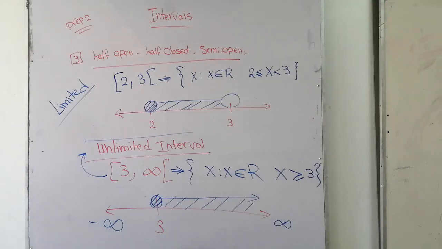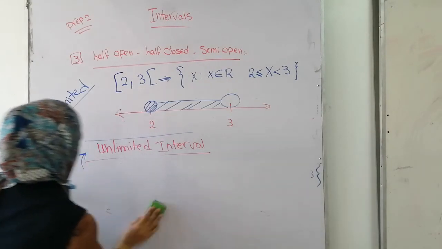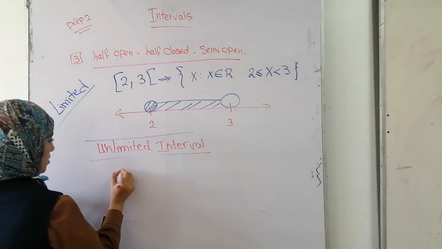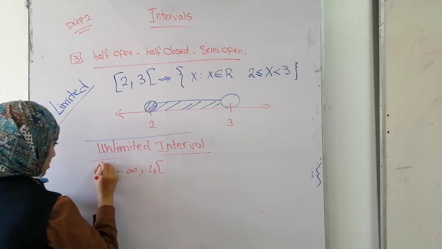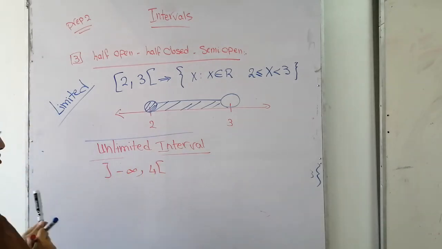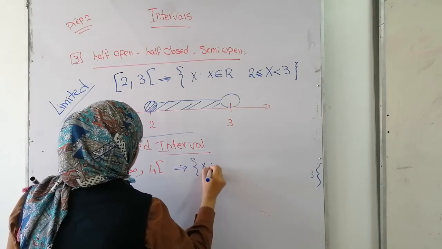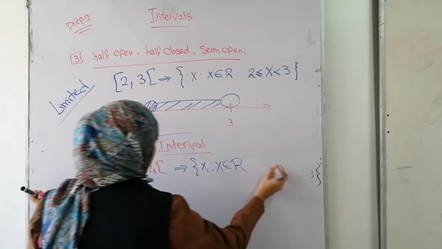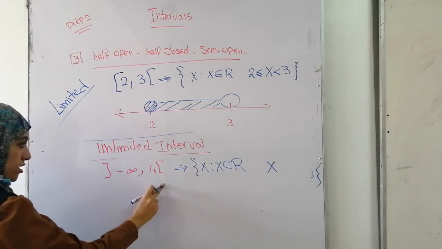Let's take another example in the negative direction, like this: negative infinity and 4 open. Let's convert it to a set. Write x such that x belongs to R and x. Does it have a beginning or an ending?